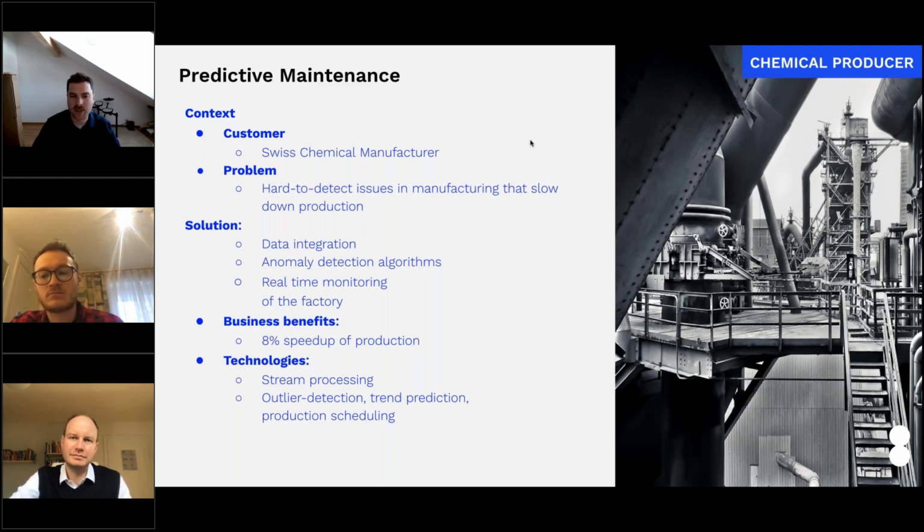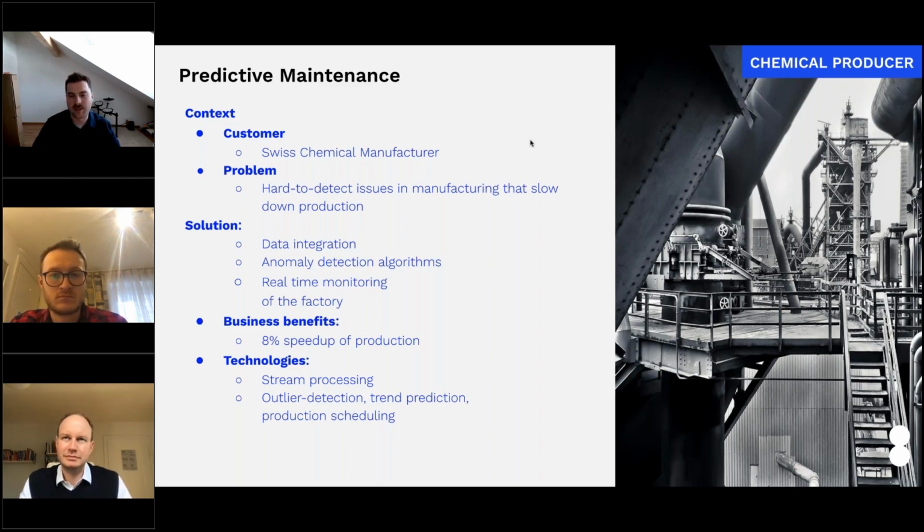So here, what we did is first we built real-time monitoring capabilities for the factory, where factory workers can always see the KPIs of the factory, but also we built some anomaly detection algorithms for monitoring these valves.